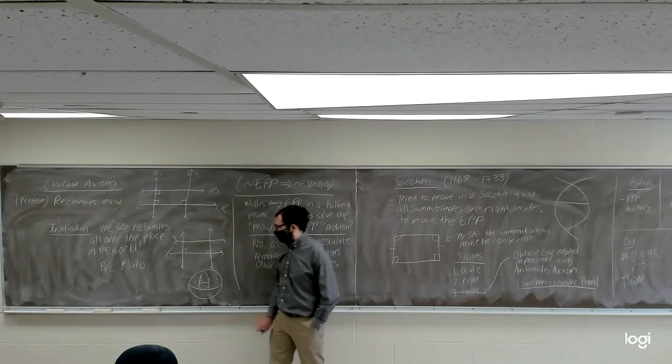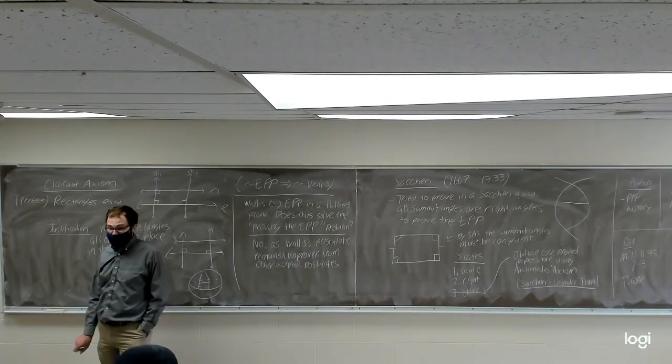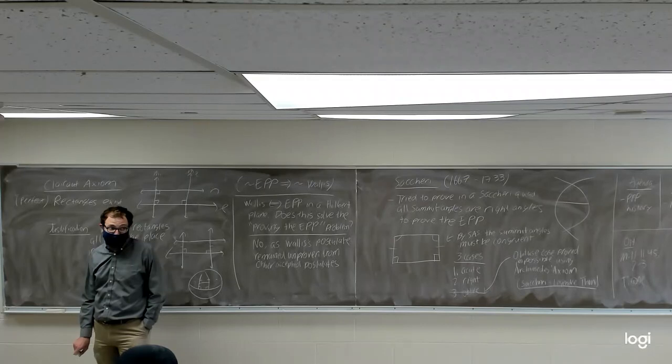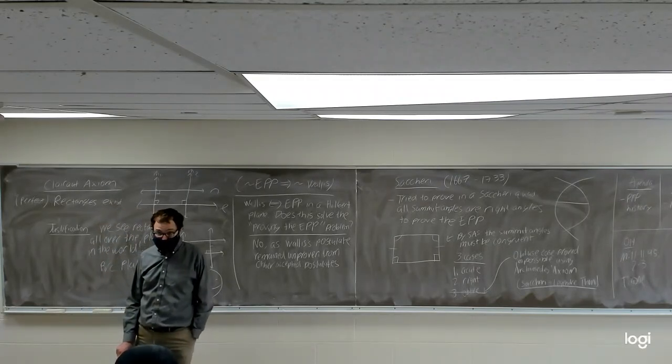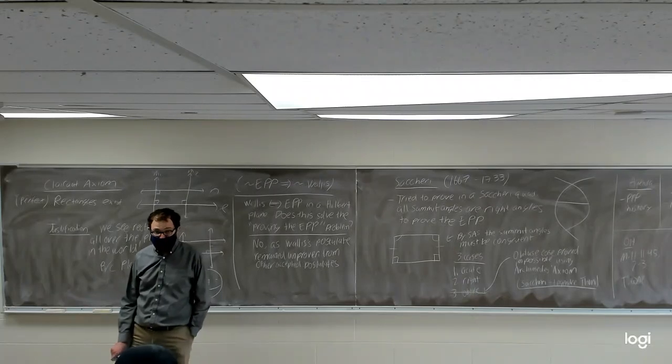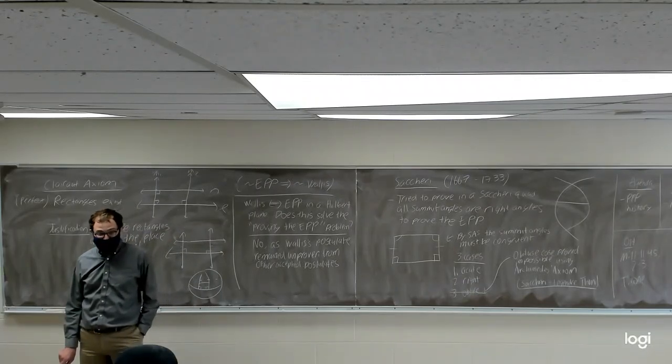I don't think we have proven that we can construct rectangles. In fact, depending on your Hilbert plane, a lot of Hilbert planes, specifically non-Euclidean or even non-semi-Euclidean ones, I would argue it's impossible to construct a rectangle.